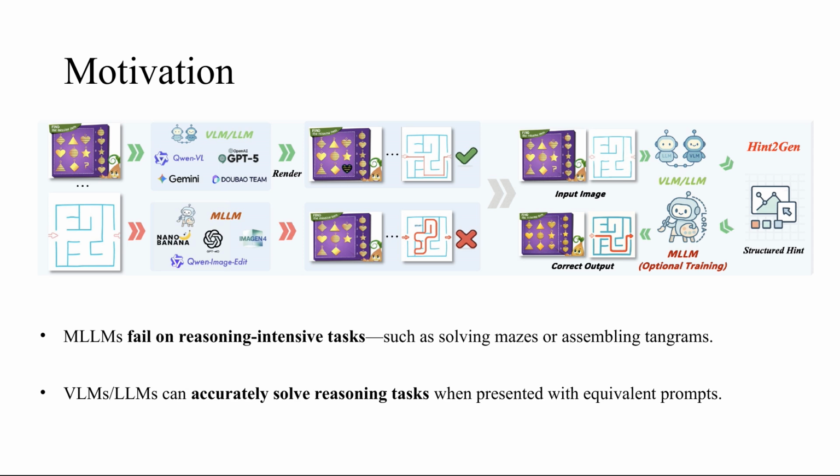This reveals the bottleneck. Reasoning exists in the brain, but the hand lacks a precise interface. Our structured hint serves as a transparent scaffold, precise geometric constraints defined by SVG and HTML code, allowing the model to think before it inks.